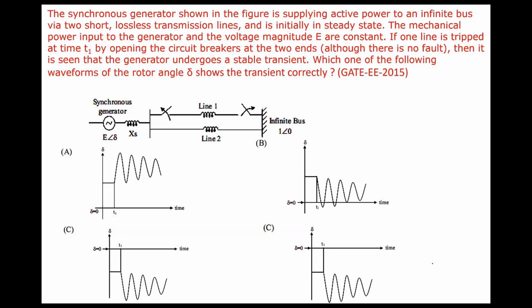The mechanical power input to the generator and the voltage magnitude |E| are constant. If one of the parallel transmission lines is tripped at t equal to t1 by opening of circuit breakers at both the ends, then it is seen that the generator undergoes a stable transient. Which one of the following waveforms of the rotor angle delta shows the transient correctly?